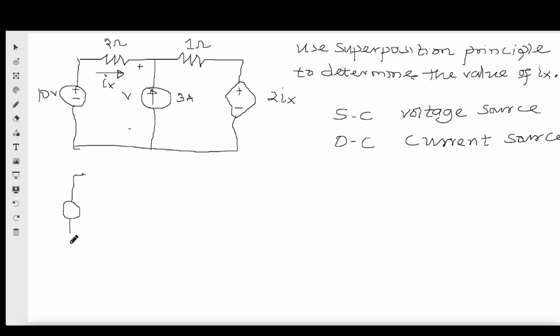So what do we have? We have this. The dependent source is still alive. We are not removing it. And therefore we open this. This is 2 ohms.